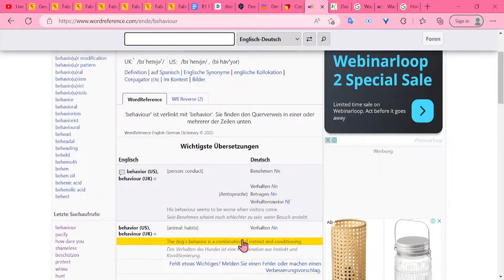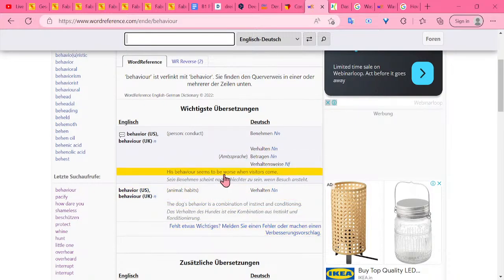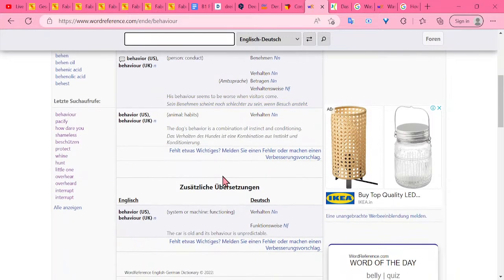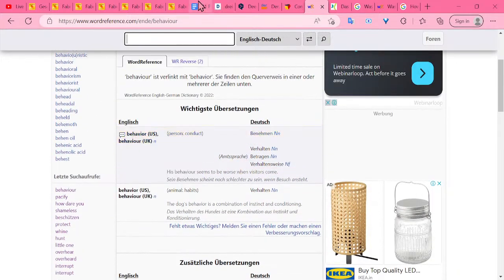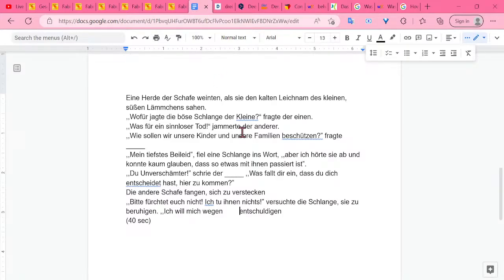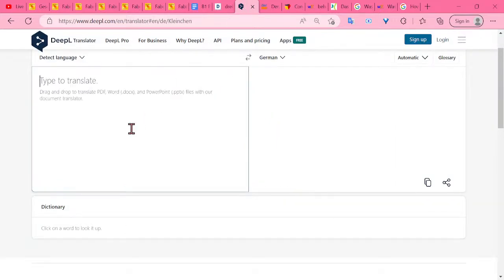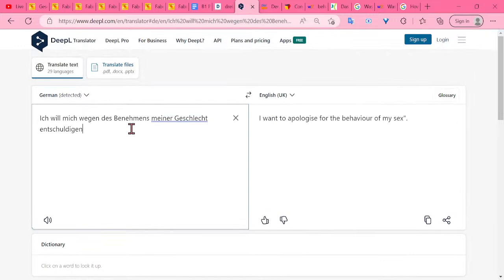You as a human being would use Verhalten, but the animal wouldn't, so I would say maybe benehmen. Wegen des Benehmens. Meiner Geschlecht entschuldigen. Does it make sense when I write something like that? I want to apologize for the behavior, but it should be my race, because, oh no, Geschlecht is not feminine.